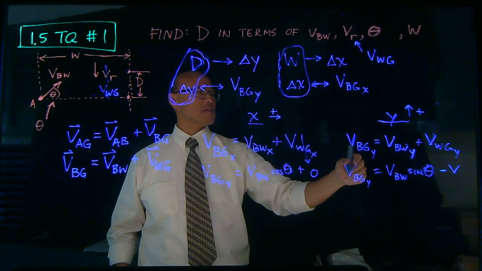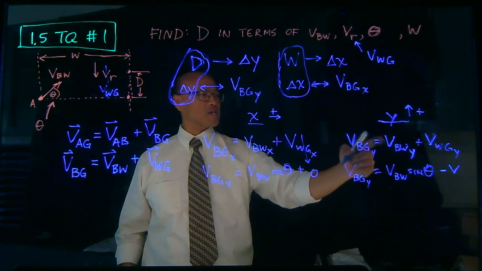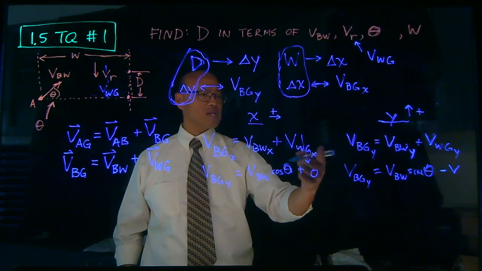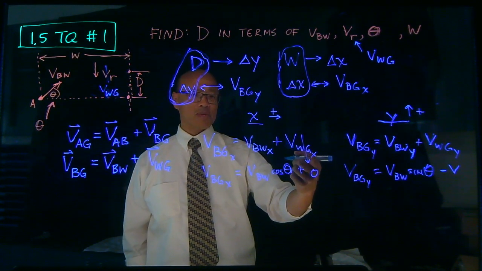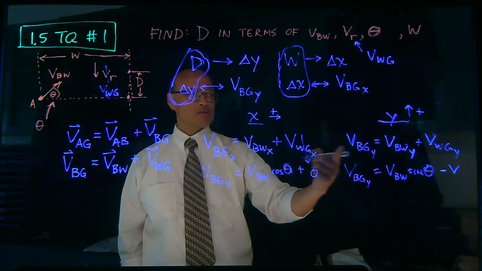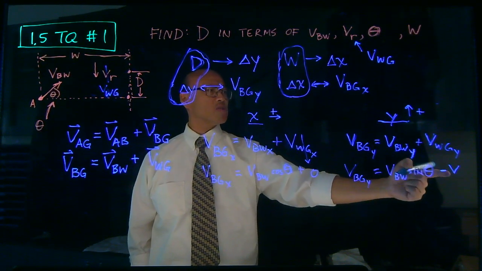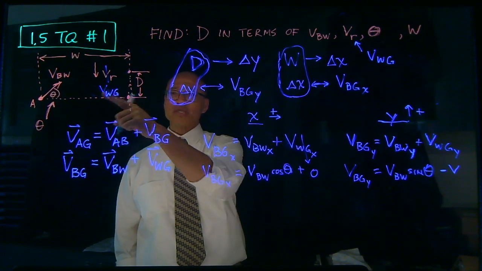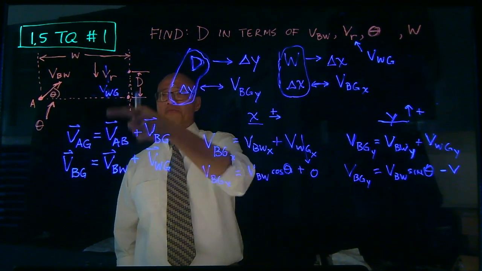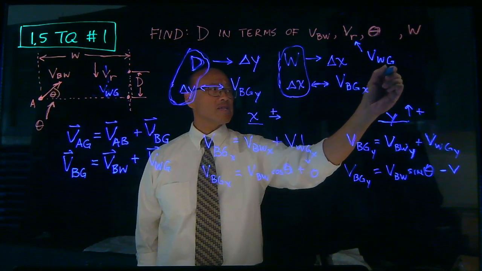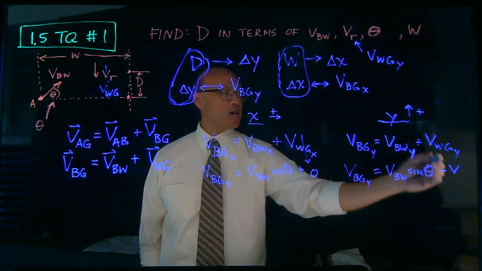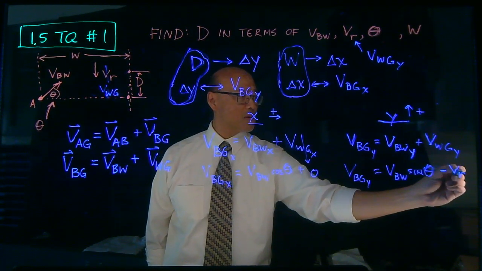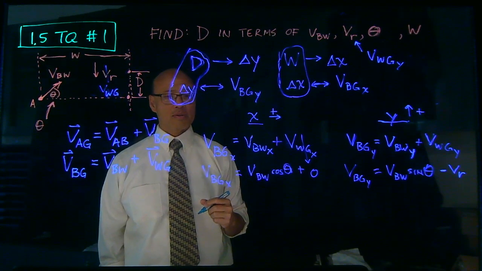And now I go, well, wait a minute. All the WGs are kind of, this one disappeared. I don't really need that to hang on to what that is, right? So I'm just going to say, well, what's VWGY? Oh, if VWGX is 0, then this VR is exactly the same as VWGY, so I'm just going to replace that with VR.